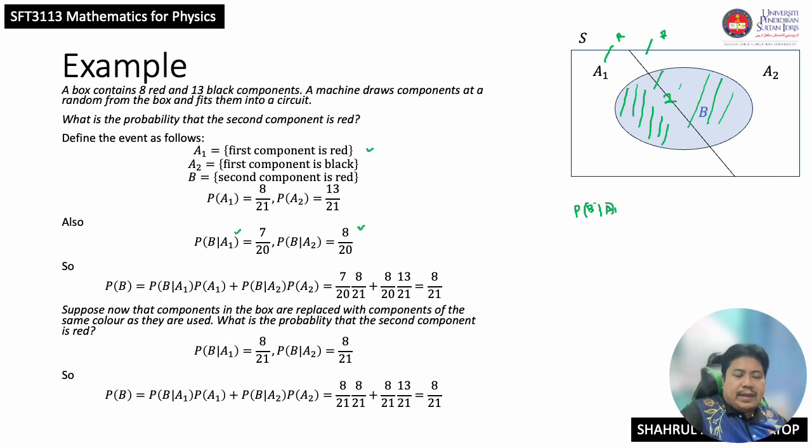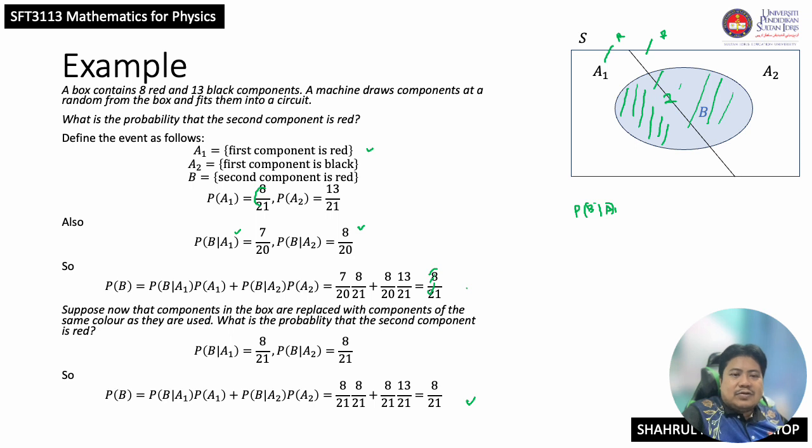When you compare, it is the same, the same as P(A1). That means both are independent events. It doesn't depend on A1. So they are independent events, and we can conclude like that.